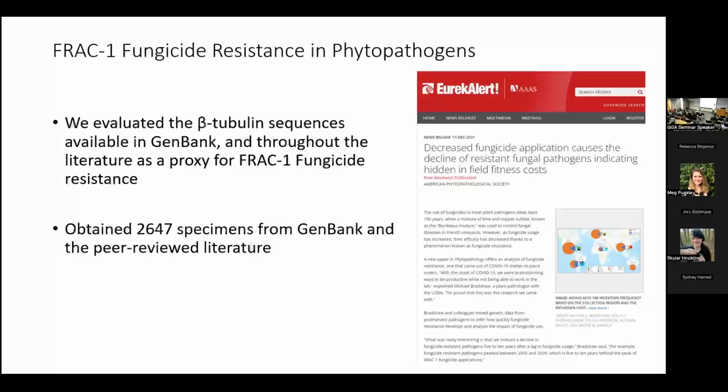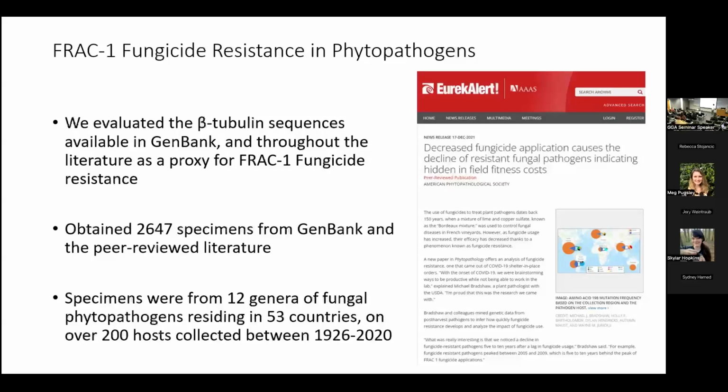So people are sequencing it a lot. Most of these specimens were not sequenced for fungicide resistance studies. They're just randomly sequenced. And in total, I looked at 12 genera of fungal phytopathogens in 53 countries, collected on over 200 hosts between 1926 and 2020.